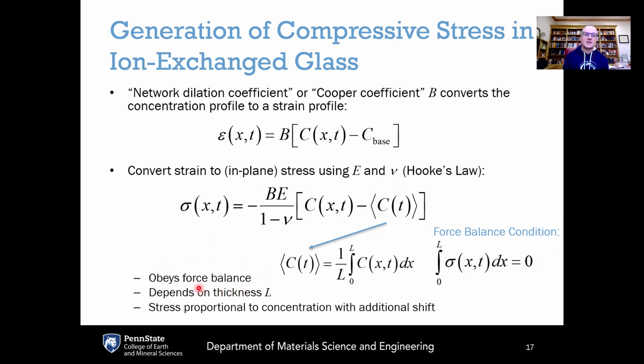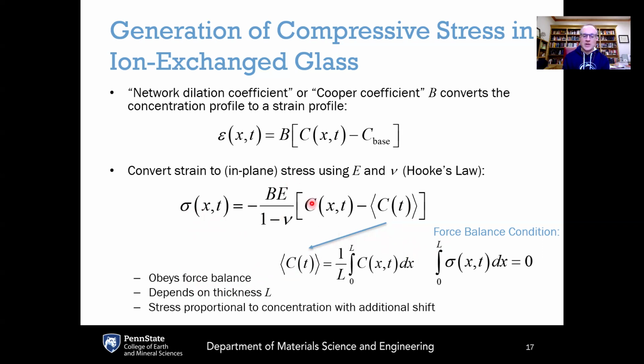It also means that the compressive stress here depends on the thickness of the glass L, because the thickness of the glass L is appearing in the upper limit of the integral. So if you change the thickness of the glass, that changes how much area you have in order to store these tensile stresses to balance the compressive stresses at the surface.